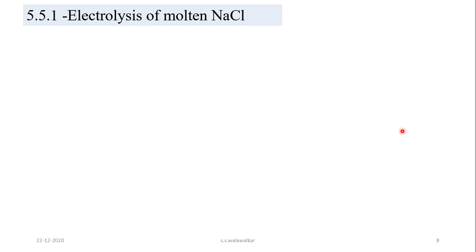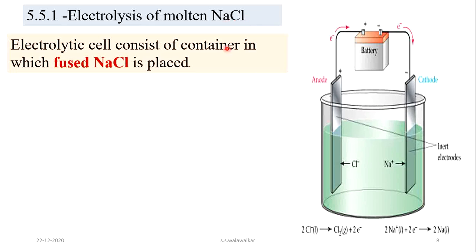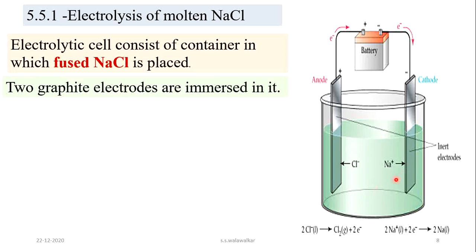So let us see one example of an electrolytic cell and electrolysis process, that is the electrolysis of molten sodium chloride. The construction is the same: a container is there, and this container contains fused or molten sodium chloride, and in this electrolytic cell, graphite electrodes act as inert electrodes which do not take part in the reaction.